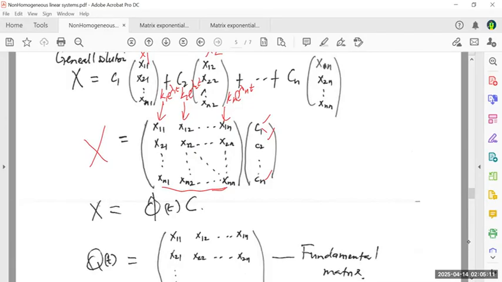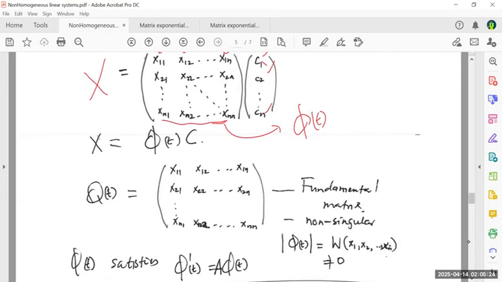And this is the general solution which can be written in matrix form. And we collect this matrix and call it phi of t. Then we have our general solution written in matrix form as well. But we have a vector C here. This is the vector of unknowns.